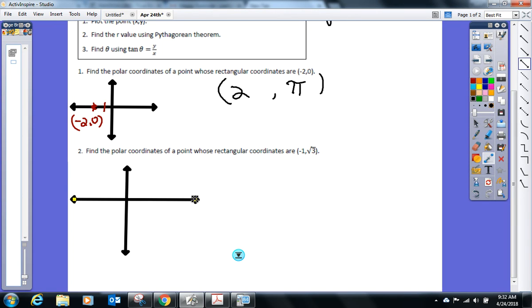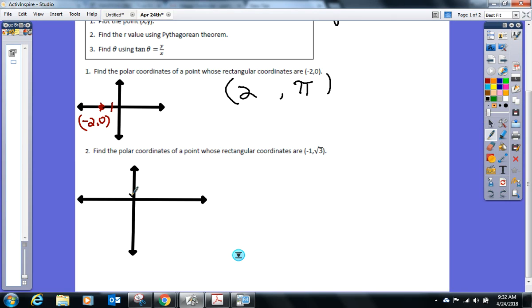So now that you've identified the quadrant, draw a right triangle like we used to back in the day in that quadrant. So quadrant 2, there's my right triangle. Label the 2 legs with your coordinates. -1, is that an x or a y coordinate? That's an x, so it should go on the x-axis.